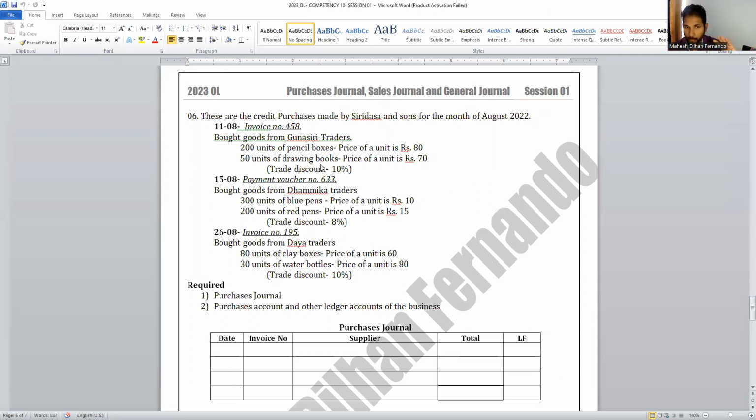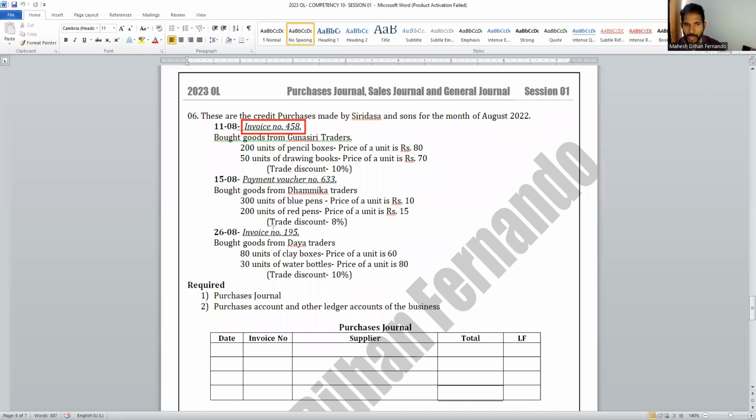When you do a question, you have to understand and write the question from the easiest point, the available information. Today, on 11th of August, do you see the source document is an invoice?